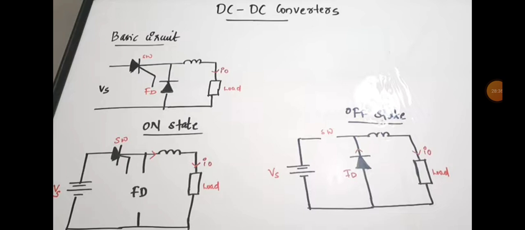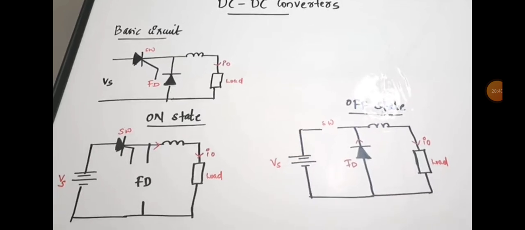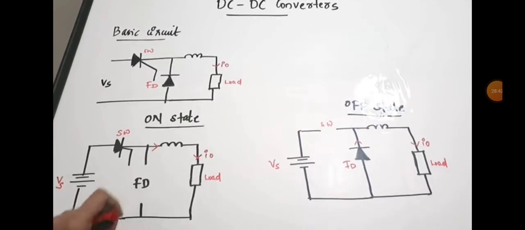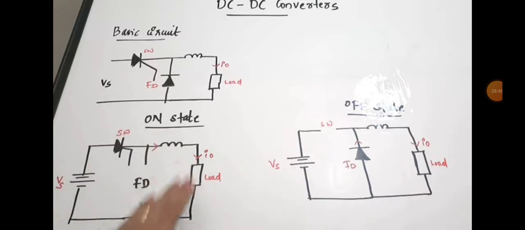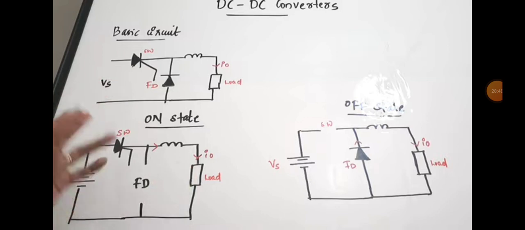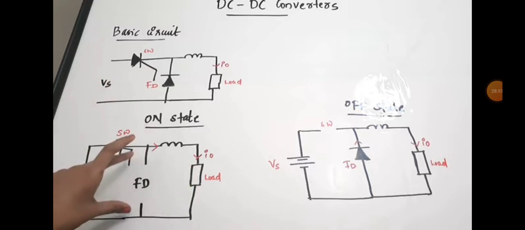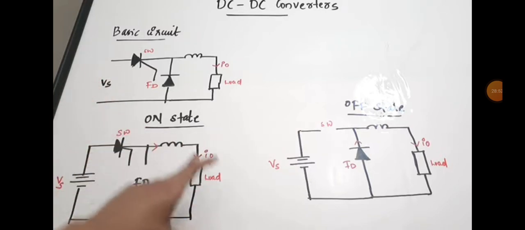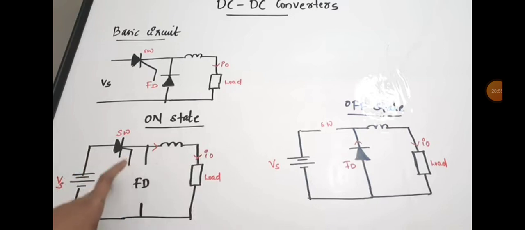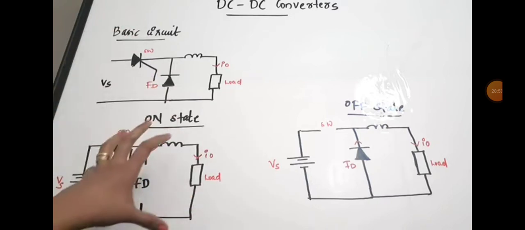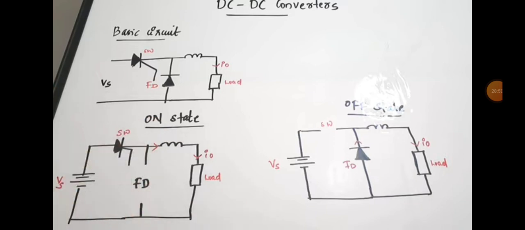So this is the circuit diagram for on state. I hope you can see it very clearly. During the on state, you can see that the switch is in the on condition, so it is as it is, and there will be a circuit like this. So when the chopper or the DC to DC converter is in the on condition, you will get the Vs voltage entirely across the load.